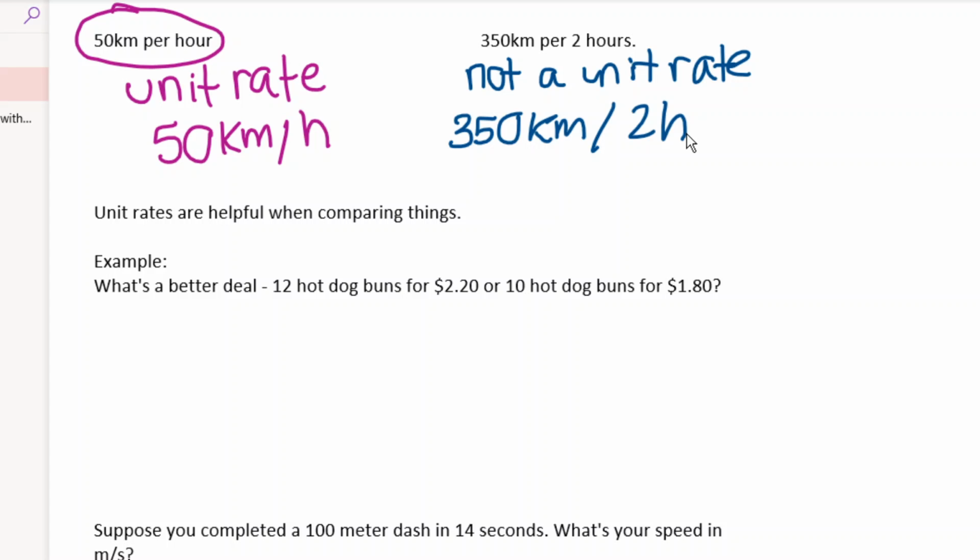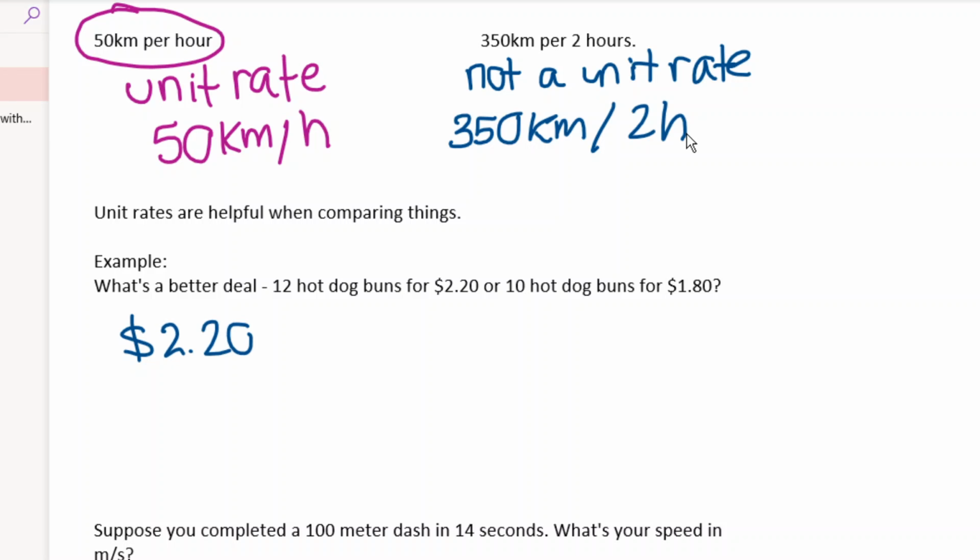You don't want to save 40 cents, but what if you needed to buy thousands of hot dog buns? That 40 cents per package difference could get pretty astronomical, right? Even if one is just a little bit better of a deal, if you're buying a lot of them, that could save you a lot of money. And so let's do this little example here. So we have 2 rates here.